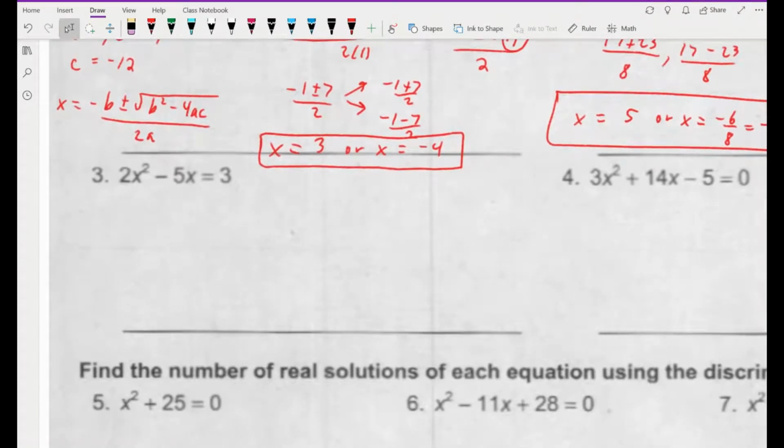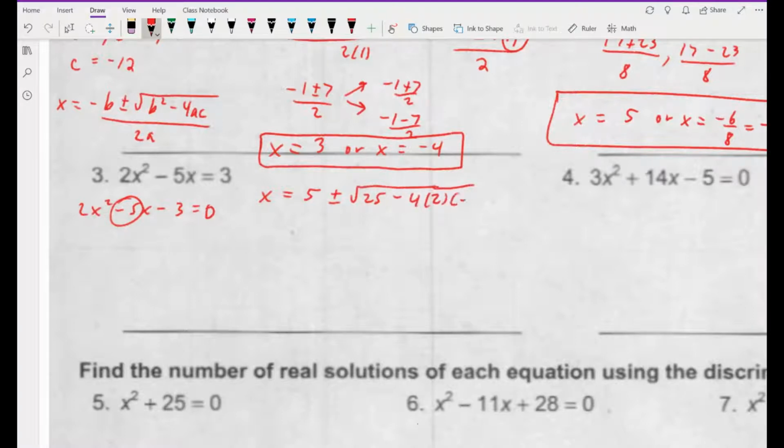Again, it's not written in the proper form. We can now use the quadratic formula. X equals negative b, so it's a negative 5, which is a positive 5. B squared, well, a negative 5 squared is 25, minus 4 times a times c, all over 2a.